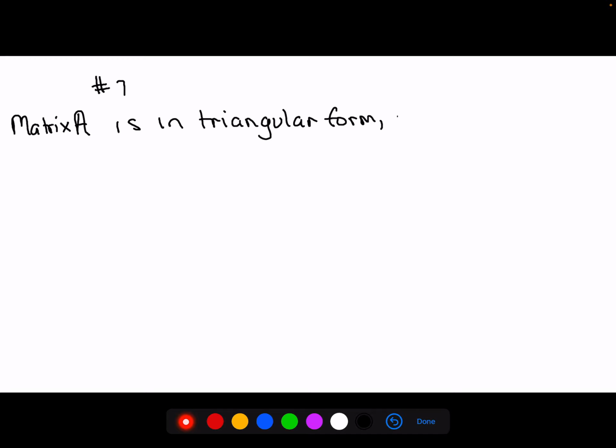All right, one more. Number 7. Let's say that matrix A is in triangular form, with only zeros either above or below the main diagonal.